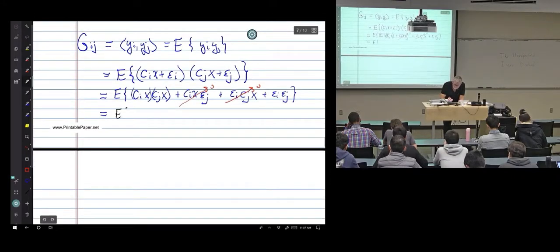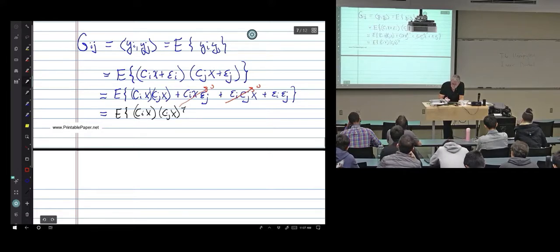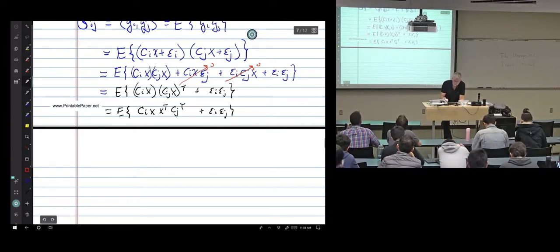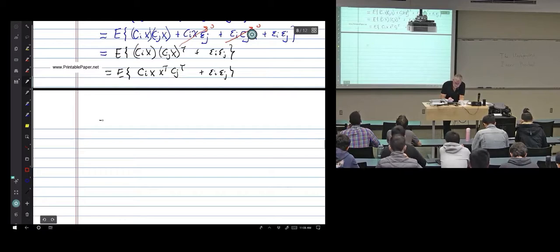Well, Cix, if I write this one as Cjx transpose, I don't change anything, because Cjx is a scalar, okay? And the reason I want to do that is Cix x transpose Cj transpose plus epsilon i epsilon j. Now I get something really interesting.